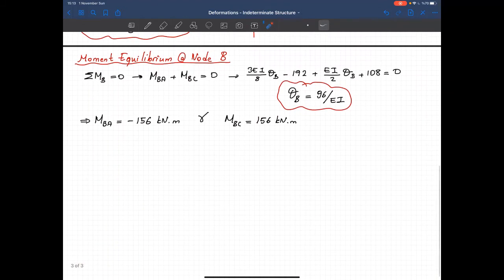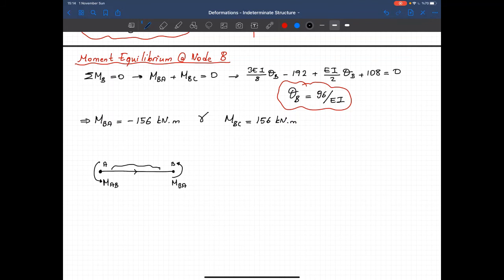So our next step will be, we will take a member. Okay, this will represent a member for us, and it can have some loading on it, any loading, okay? And because of this loading, it can have a moment here. Let's call this point A, and this point B, MAB, and this one will be MBA, okay?